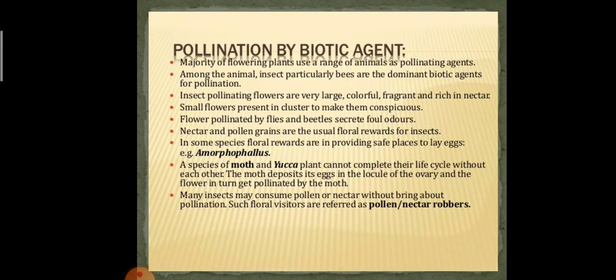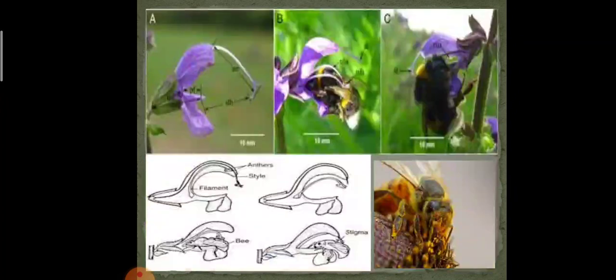Pollen grain exine is spiny and sticky, which indicates pollenkitt is present. Here we can observe different floral adaptations in insect pollination, ornithophilous pollination and chiroptophilous pollination. Let's go towards these pollinations.